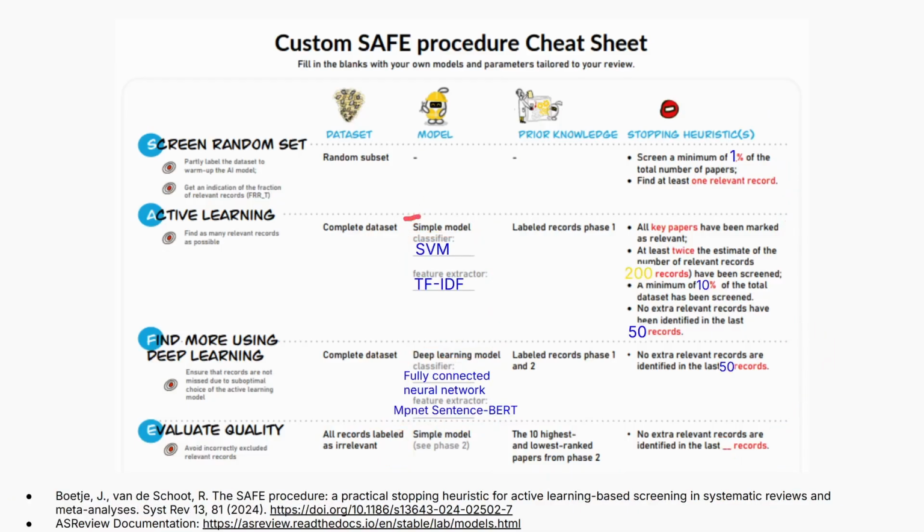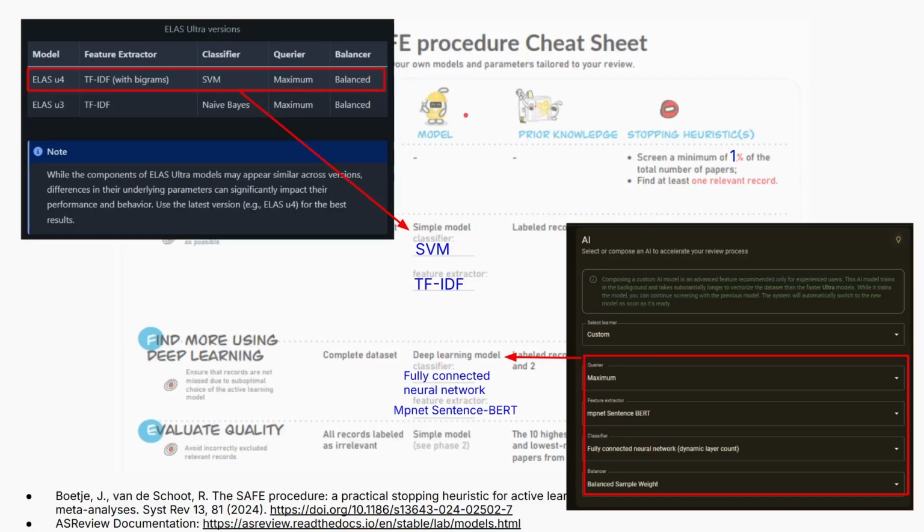The simple model uses this classifier and this feature extractor, and for the deep learning model, you have to choose these things specifically, because this is the default, but for the deep learning model, you even have to install an extension of ASReview. If you check the documentation of the software, you can find that the default model has these features. And then when you pass to the last phase, you apply a deep learning model that has this feature.